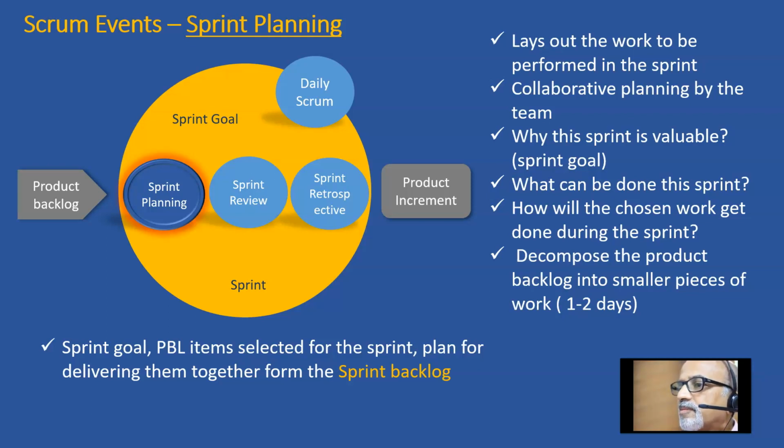But based on my experience, I've never seen a sprint planning meeting getting over in less than 4 hours. Even if the sprint duration is 1 week, it is going to take 4 hours minimum. But what is recommended is that even for a 30-day sprint, the sprint planning meeting should get over in 8 hours.